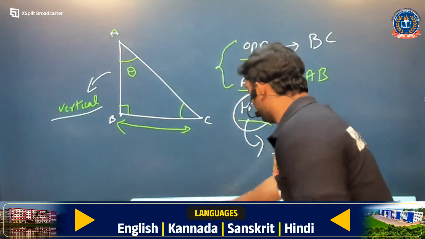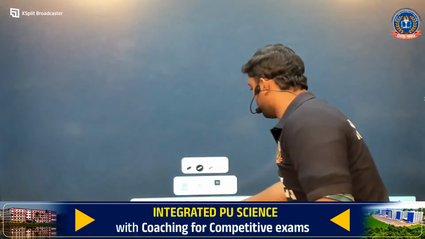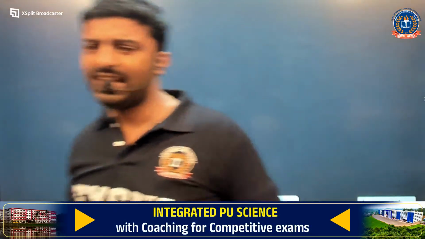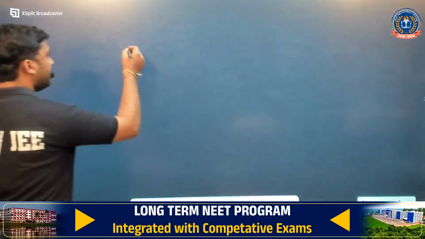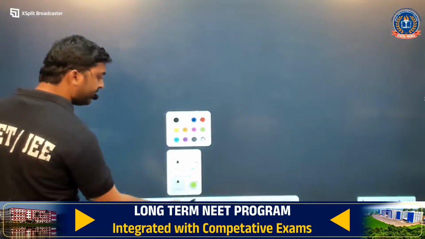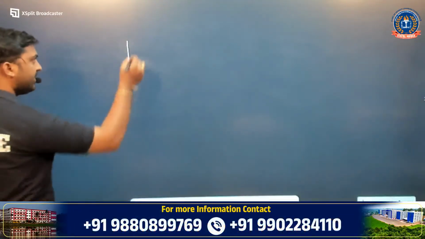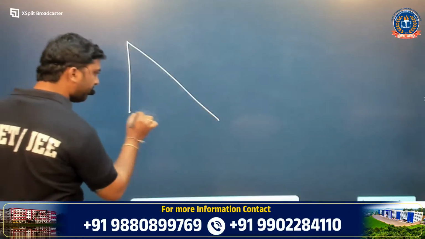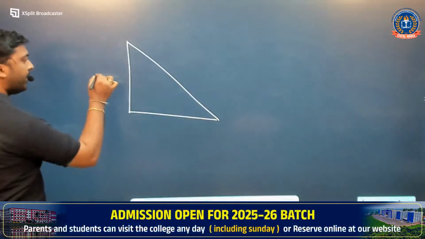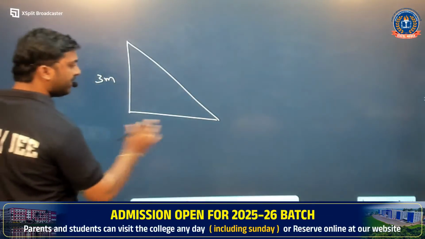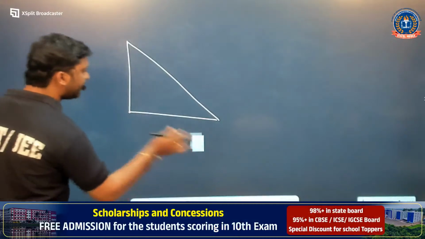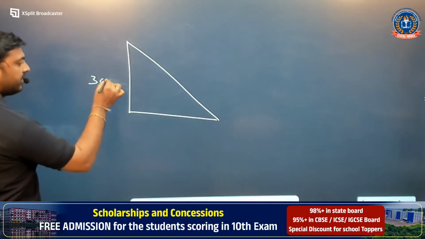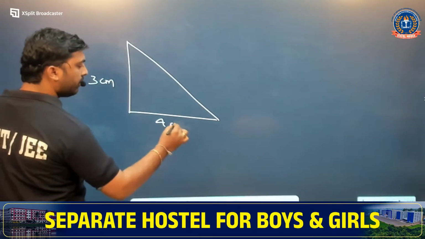Now, if you have any scale or protractor, try to draw this in your notebook and check it. Opposite side is 3 meter and adjacent side is 4 meter. You cannot draw this dimension, but you can draw 3 centimeter and 4 centimeter.